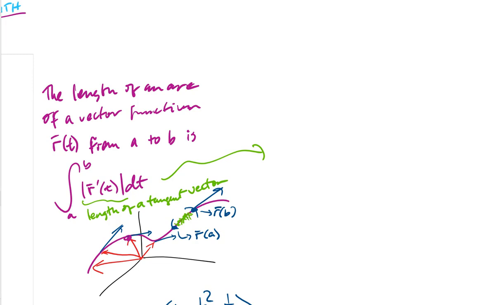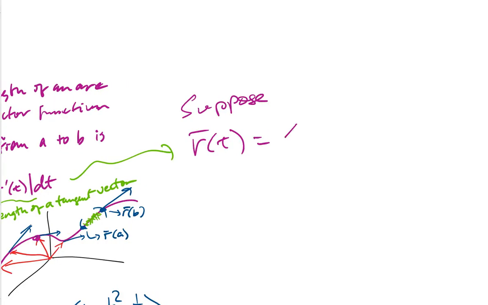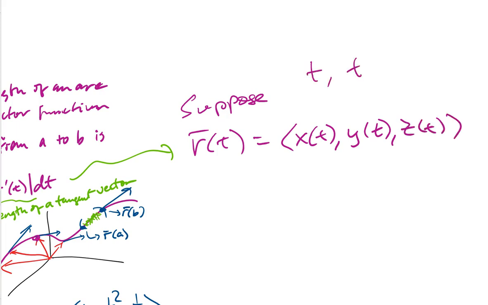Let's suppose r of t is given by some x of t, y of t, and then z of t. You can just think in your head like t squared, 1 over t, something like that, or maybe there are sines and cosines.